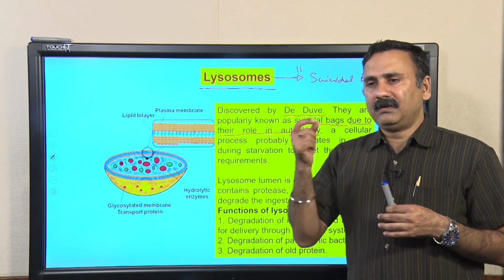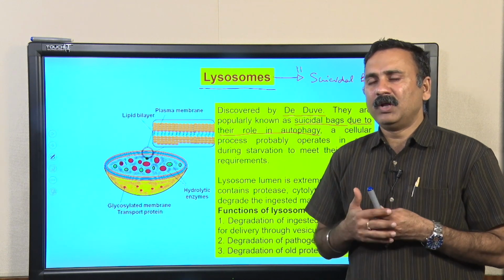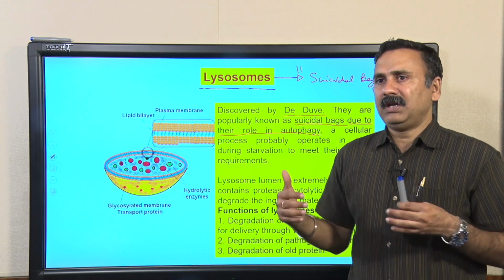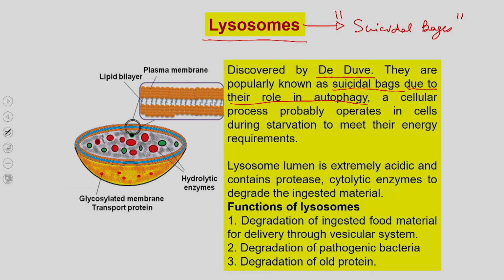By degradation of different organelles it produces some biomolecules as well as some energy, and that allows the cell to sustain for a longer period of time, for example if you keep a cell under starvation, and that is required for meeting the energy requirements.